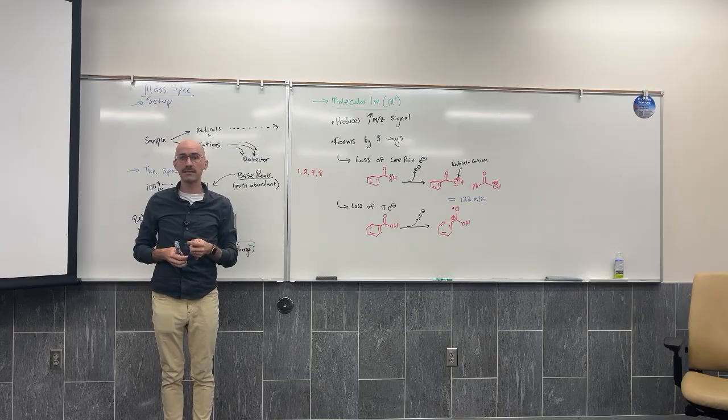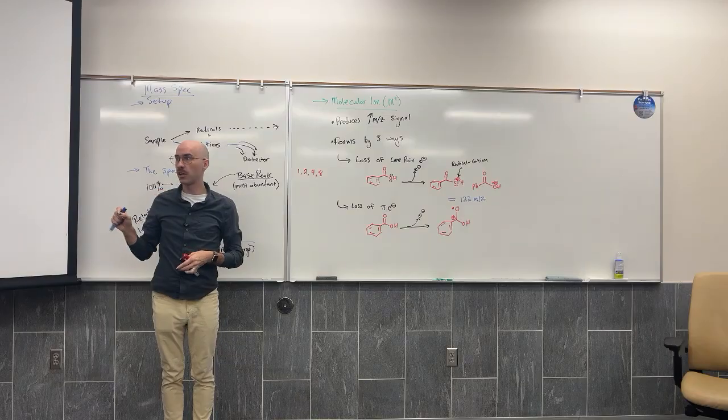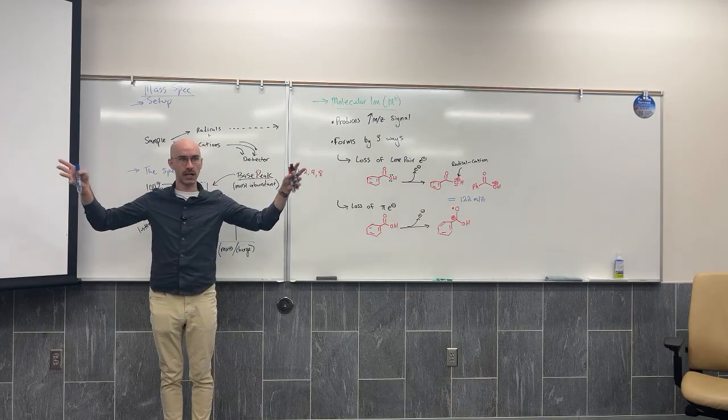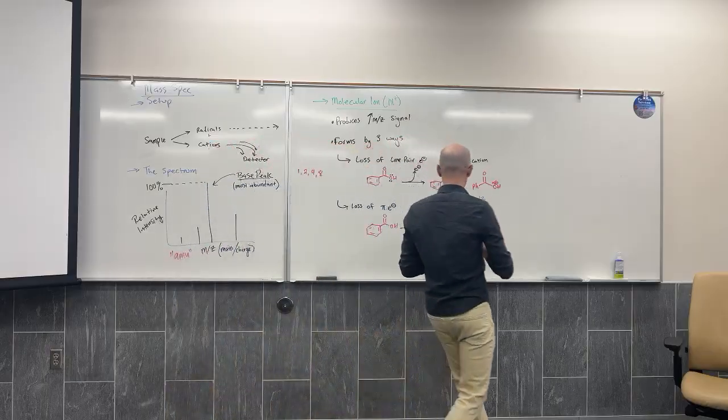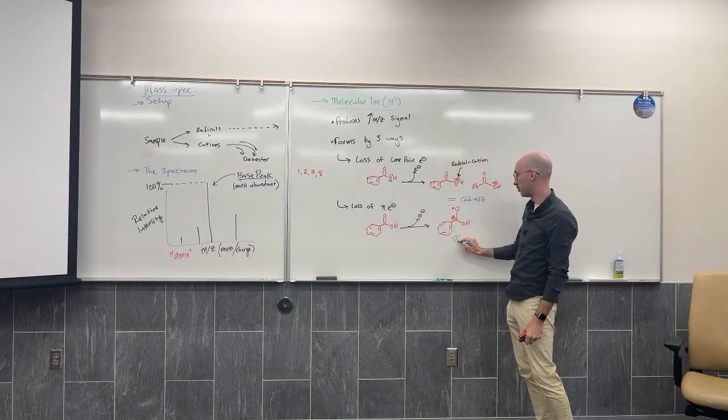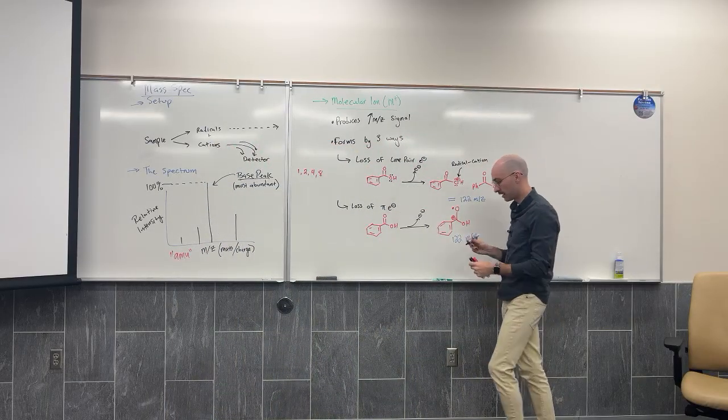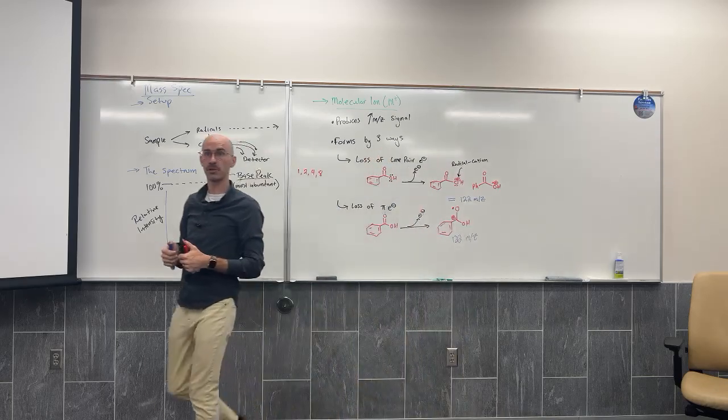And what's the mass of this structure? Not a hydrogen has been lost. Not a bond has been broken that creates two structures. This still weighs 122, and it hits the detector at 122 mass per charge units.